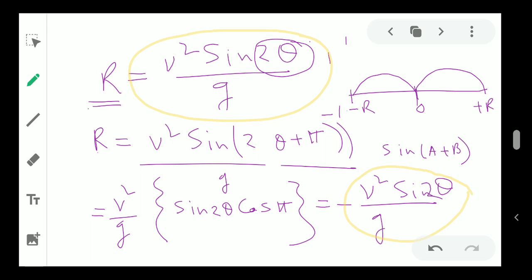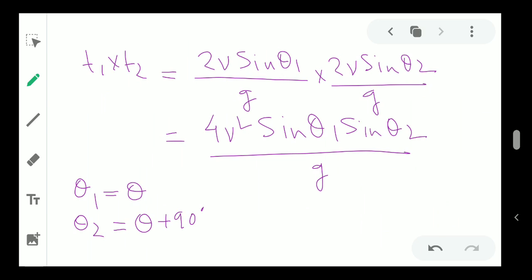But the difference between the initial and the final impact place will be the same, that is also r. So you can see that if I put theta plus pi by 2, that means for theta and for theta plus 90 degree I am getting the same value of r in both cases. So that was the only possible case when you will get the same range.